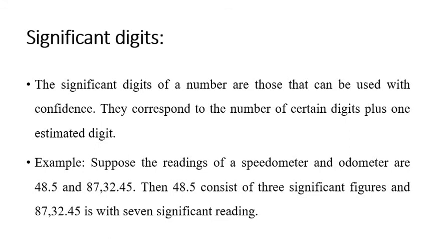Example: suppose the readings of a speedometer and odometer are 48.5 and 87324.5. Then 48.5 consists of 3 significant figures and 87324.5 is with 6 significant digits.